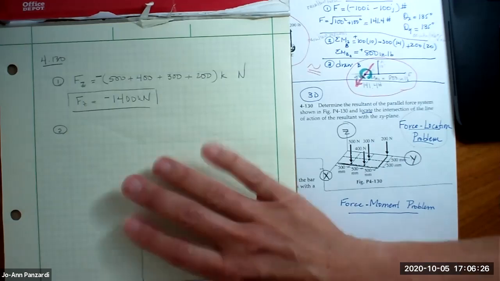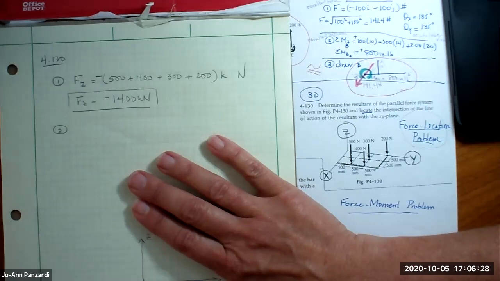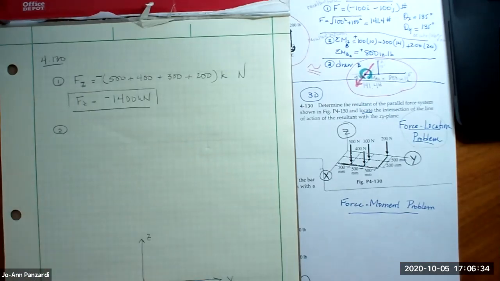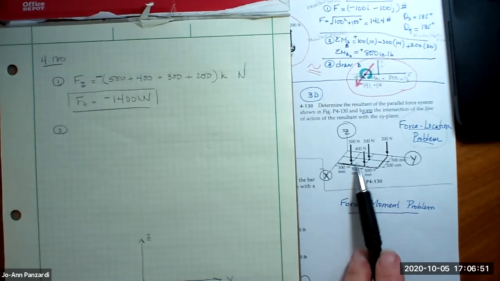Oops, I should have still not drawn to scale, but maybe I could draw it a little bit better. And this is 1,000 millimeters, right? So this distance right here is 1,500. And this is 1,000.